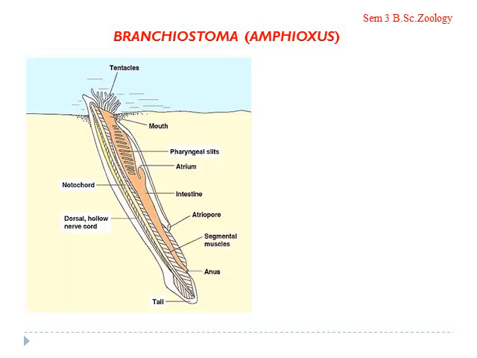So this is how the posture will be. They will remain inside the burrow, and only the anterior portion with the mouth extends out of the burrow. Branchiostoma is a completely marine animal.